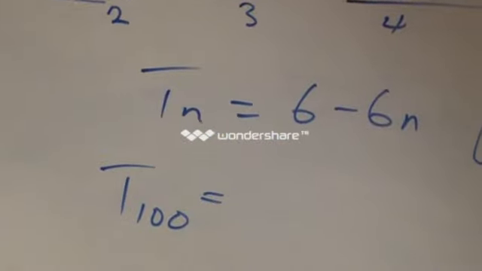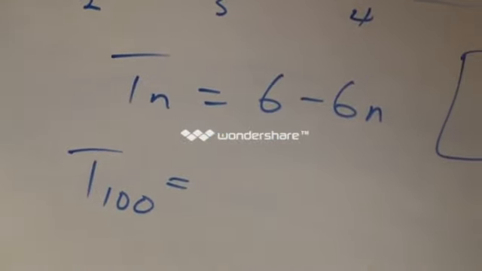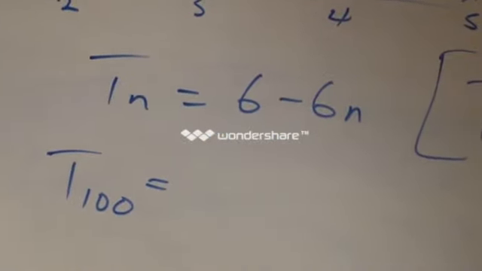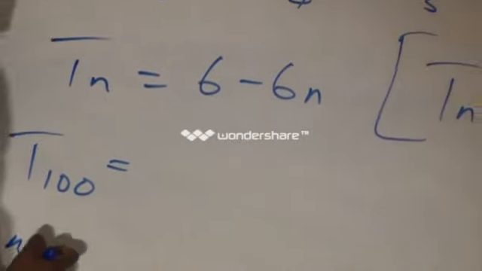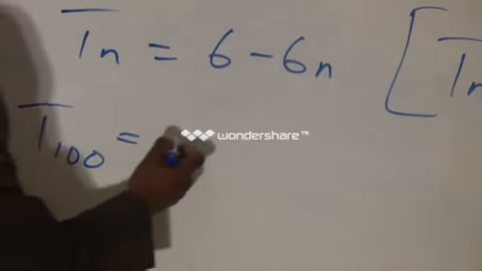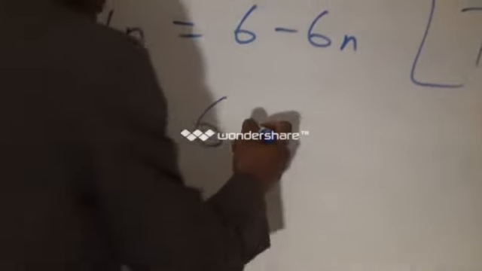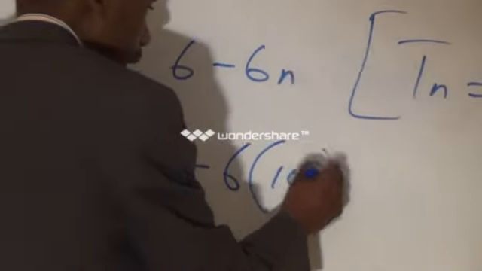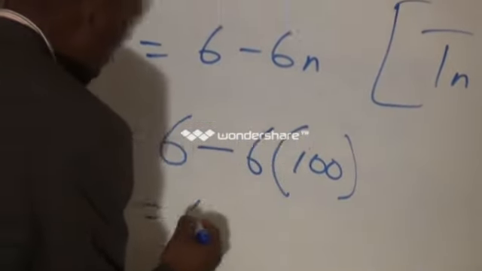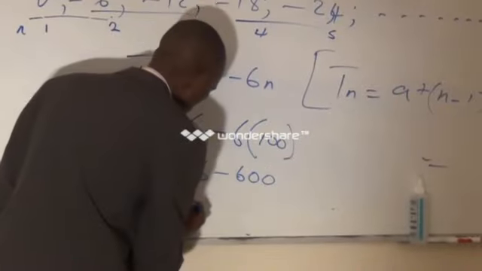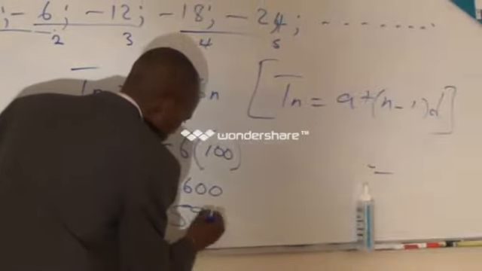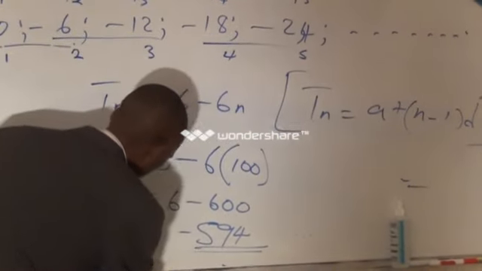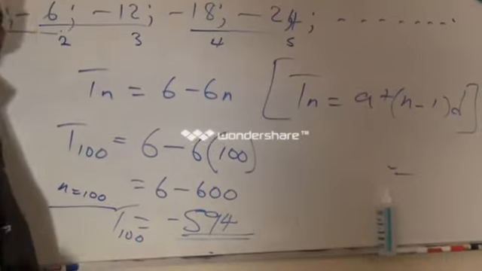What is n equal to? If you are looking for T100, n equal to 100. Good. So T100 will be equal to 6 minus 6 times 100, which will be equal to 6 minus 600, which will be equal to minus 594. So T100 for this sequence is minus 594.